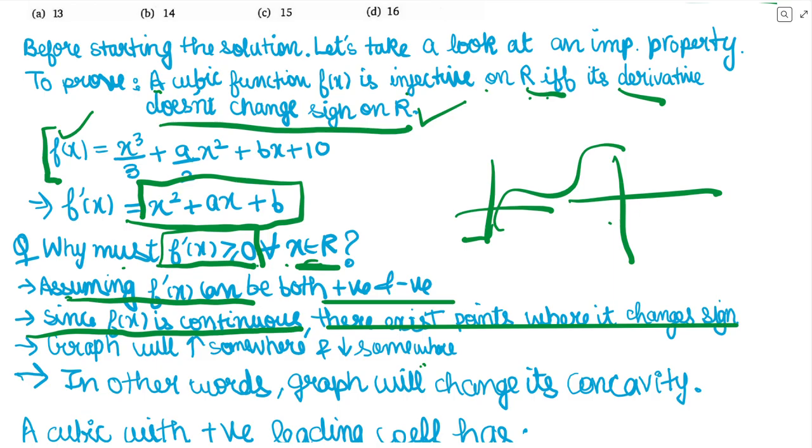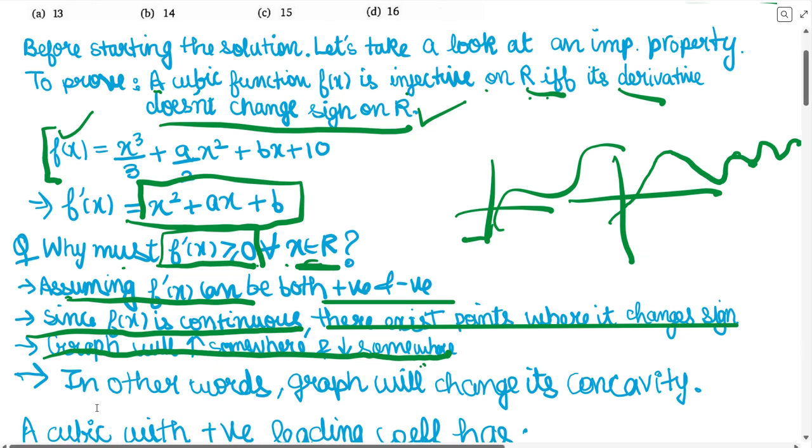When it is greater than 0, the function is increasing, and when the derivative is less than 0, the function is decreasing. Now we are saying that at any point it can do that, which means a function can go like this and this, and it can have several peaks like this. So that's what the third point is saying: the graph will increase somewhere and decrease somewhere. It's non-negotiable because we are assuming that f'(x) can change its sign.